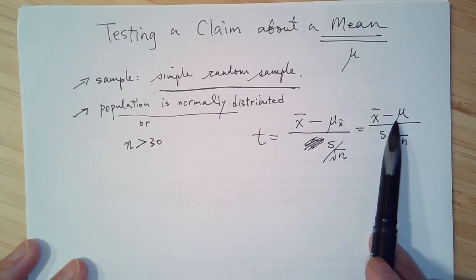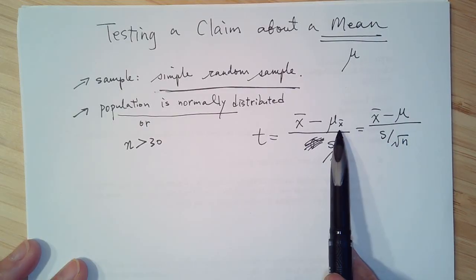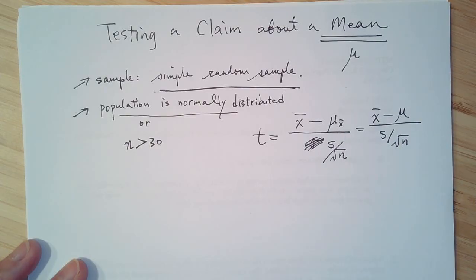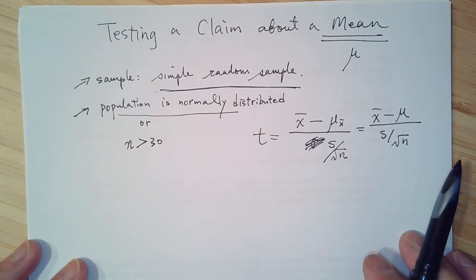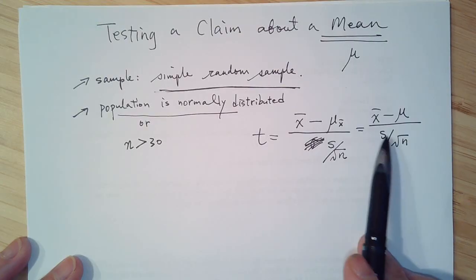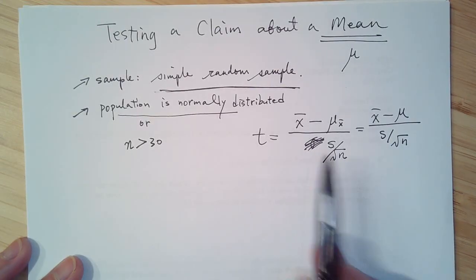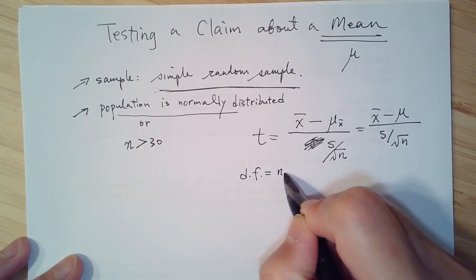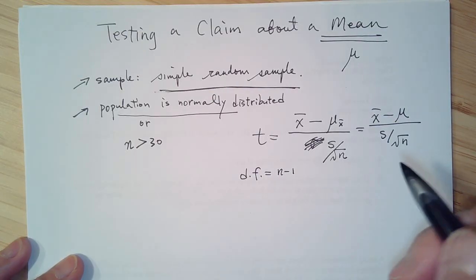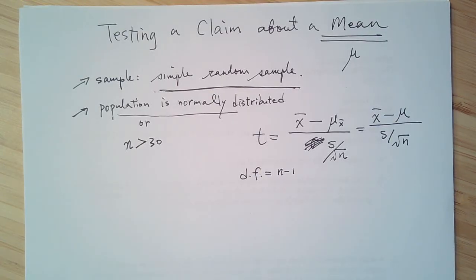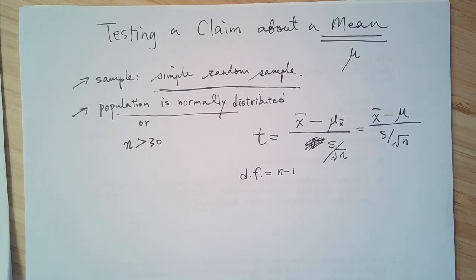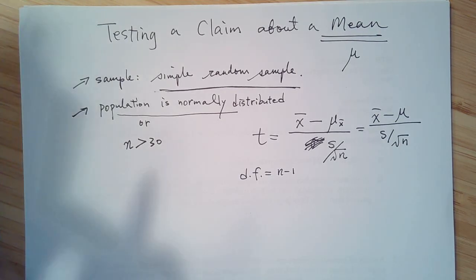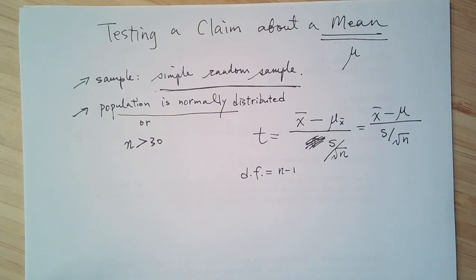And we learned that the mean of the sample mean should be the same as the population mean, right? That was in very early chapters. Anyway, that's the t statistic. And also there's a degree of freedom, and that is n minus 1, all the time. So we can use the t table, and please have your t table with you because we're going to use that a lot in this session.